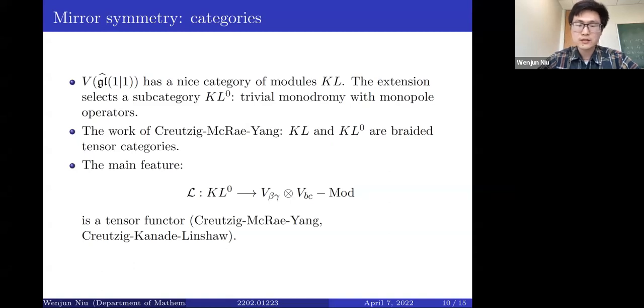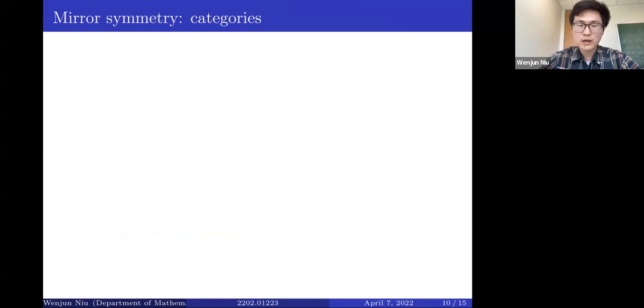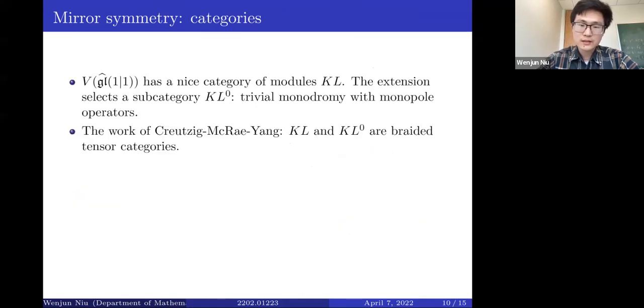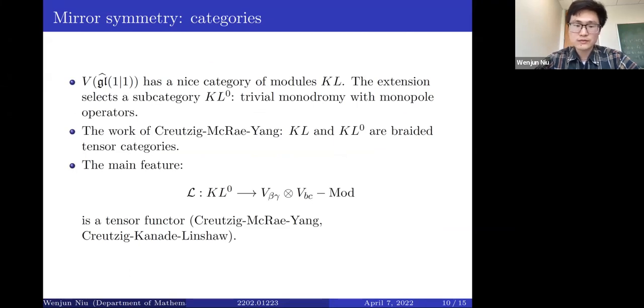There is a functor, roughly given by a tensor product with this simple current extension. You view this as a module of GL(1|1), then you can take the fusion product, and that gives you a module of the extended VOA.